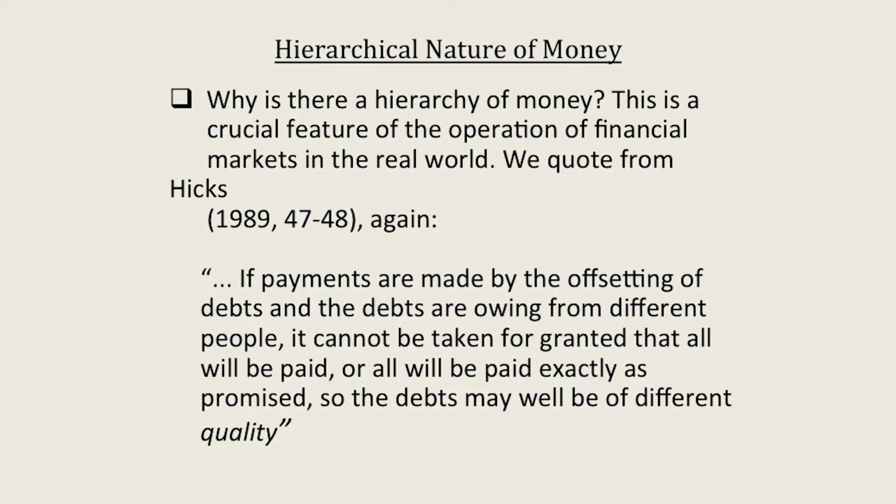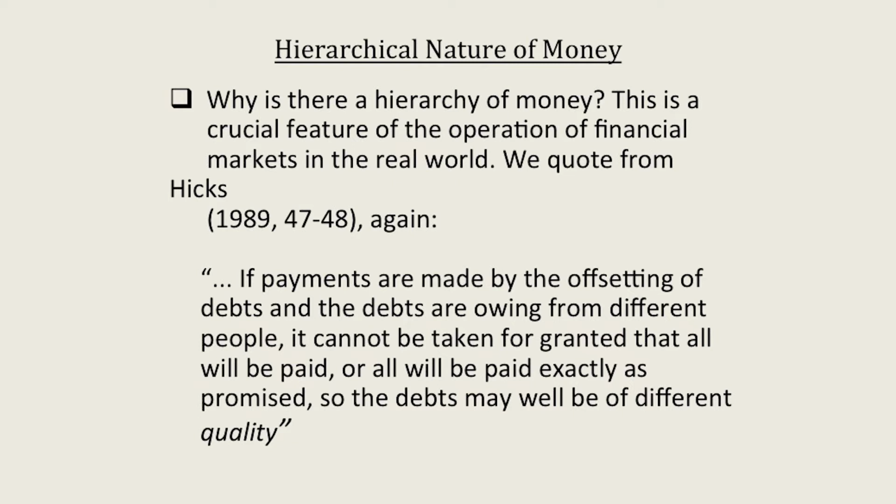The second thing is, why is there a hierarchy of money, which is a crucial feature of the operation of financial markets in the real world? We quote from Hicks again: if payments are made by the offsetting of debts and the debts are owing from different people, it cannot be taken for granted that all will be paid, or will be paid exactly as promised.